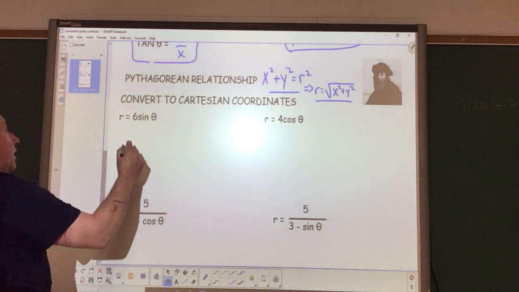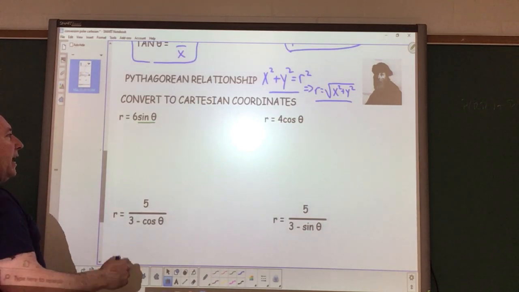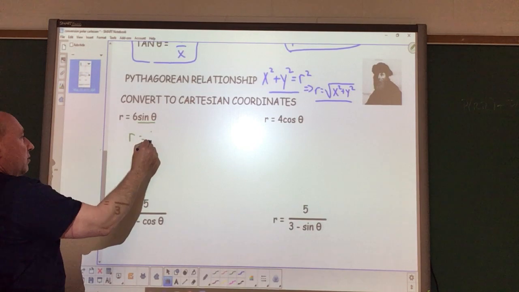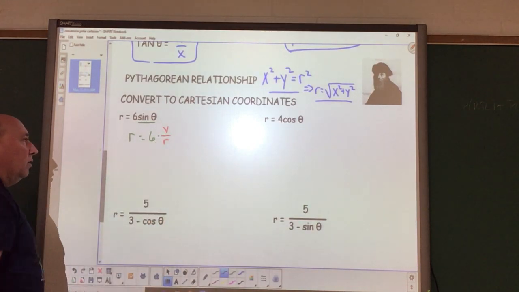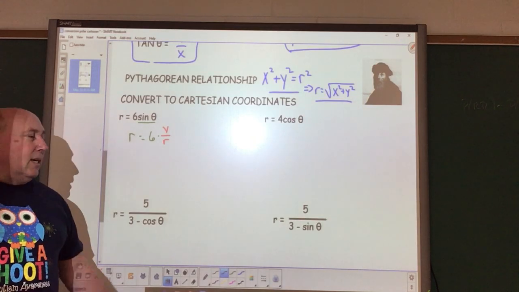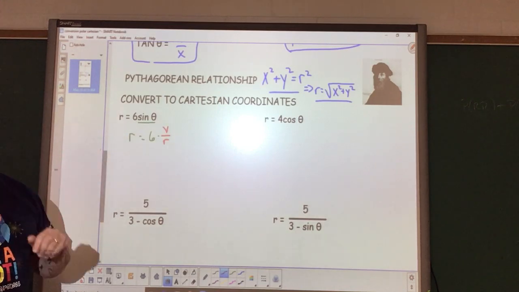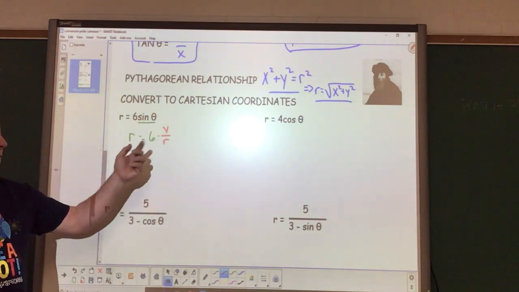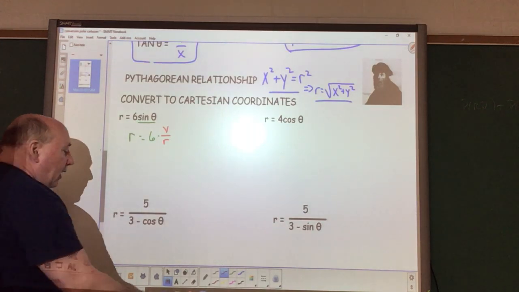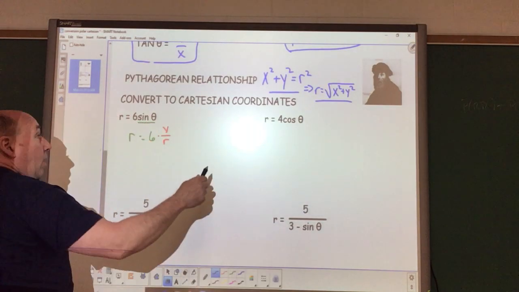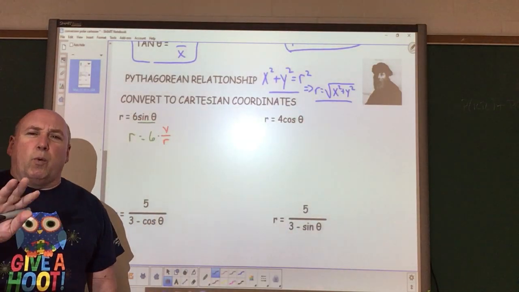Well, if I take a look, my sine of theta from up above is defined to us as y over r. What this does is this gets rid of my sine of theta and gets me a variable y. But we added a variable of r also to this. So I want to get rid of my r somehow. Well, r is equal to the square root of x squared plus y squared, but that's sort of ugly to deal with, so I'm going to wait.